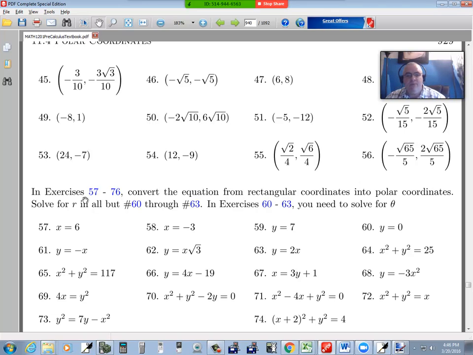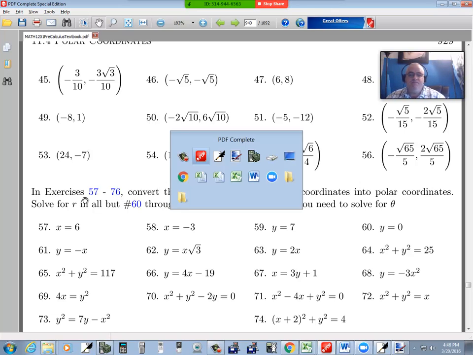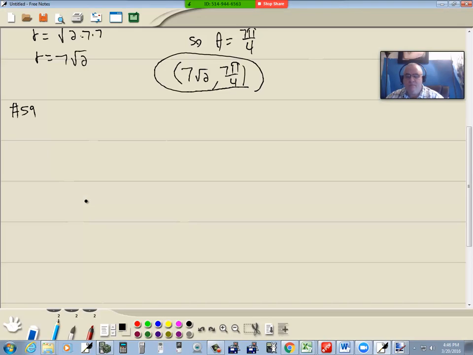Okay, 59, we got y is equal to 7. Now remember that x is equal to r cosine theta. Now we got y is equal to r sine theta.